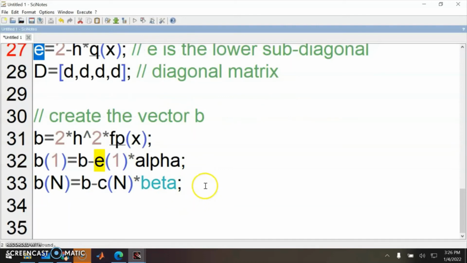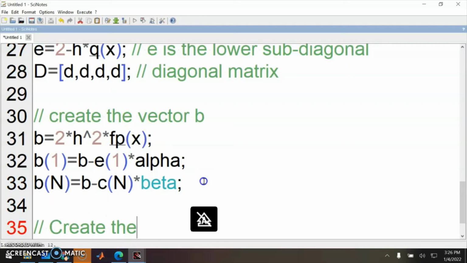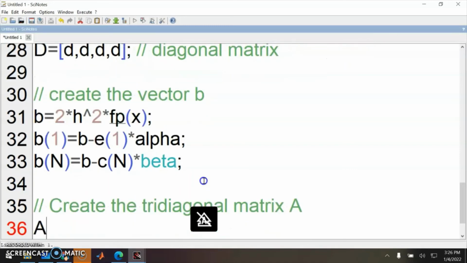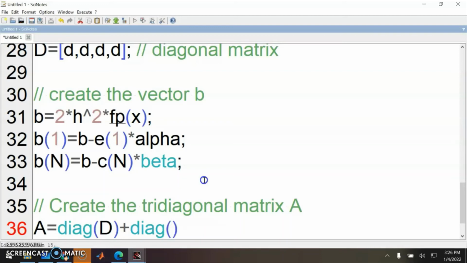So we have to create the tridiagonal matrix A. So to do that, A will be the diagonal element of this big D plus diagonal element, the lower subdiagonal, right? The lower subdiagonal, which is E.